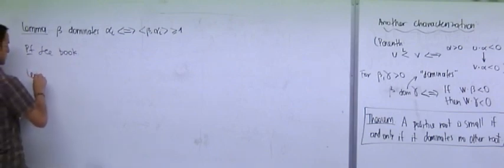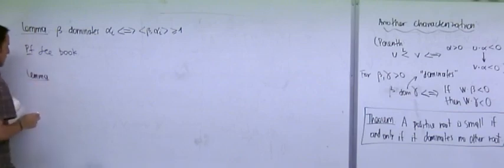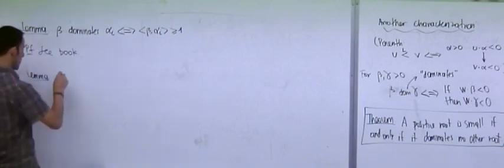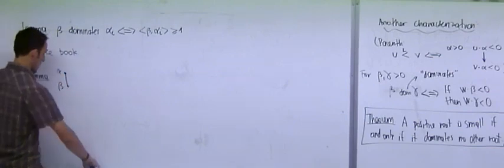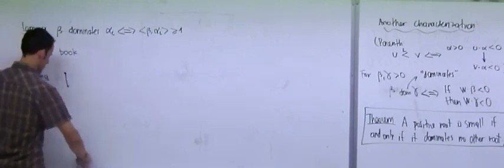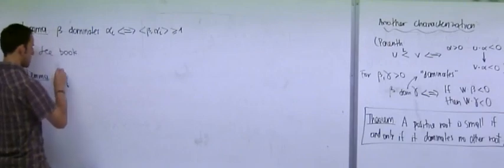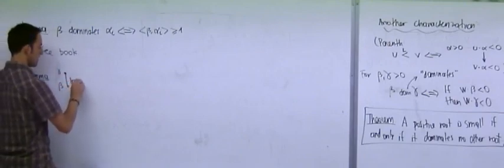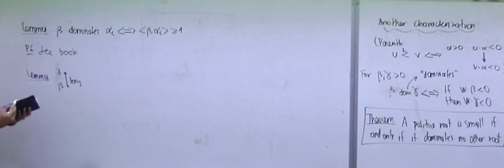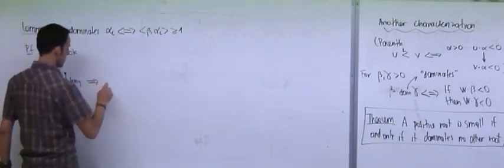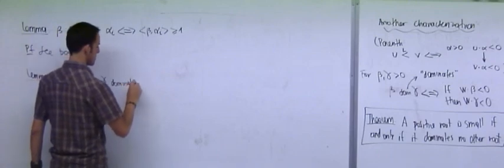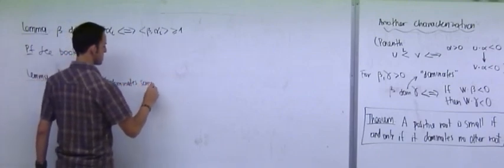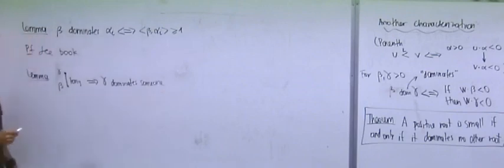So let me prove another lemma, which is the following. If you have some relation like this, and here you have a long edge, then gamma dominates someone, some other root.